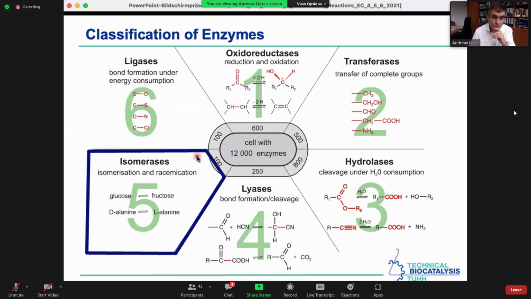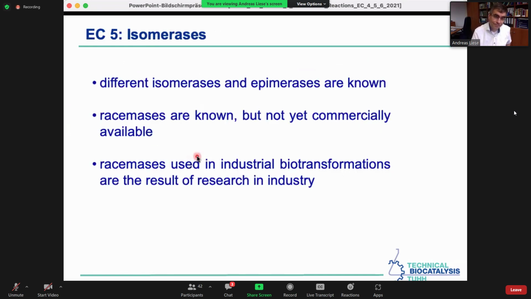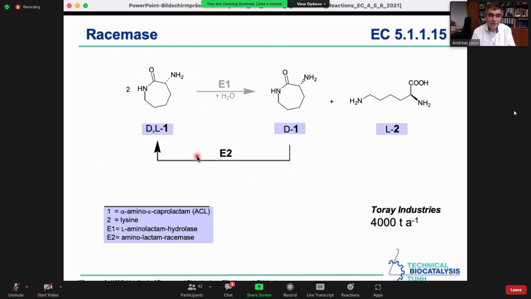This we skipped. Yeah, then we briefly talked about isomerases. Isomerases, there we have one starting material, one product, and we're just switching chirality or any functional group. One example you can see here. So on the top line, E1, that is formerly an amide function that you see here with a racemic amine residue.